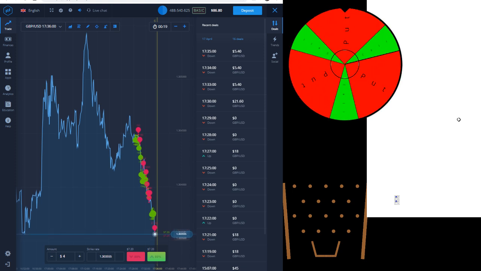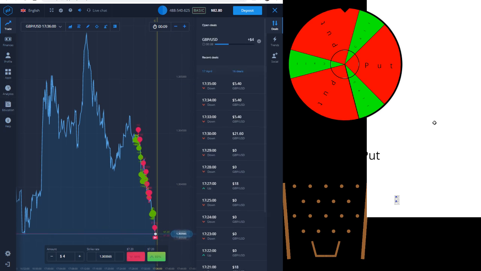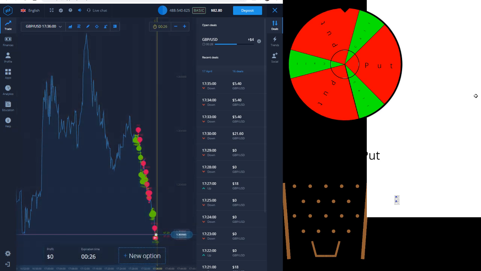4. So it's downwards again. Okay. My balance should be 77. I need a balance of 169. That's what I need, 169.